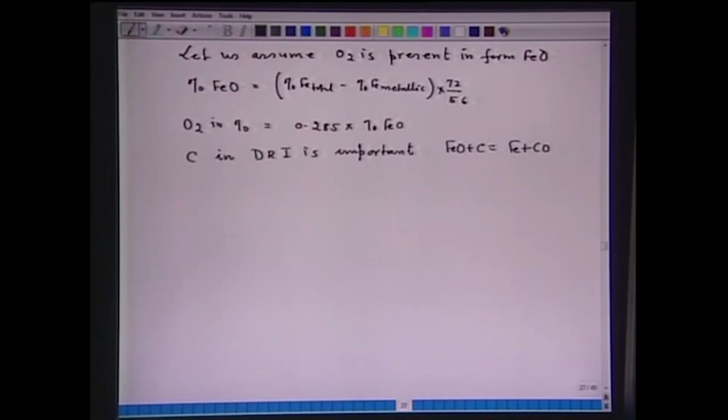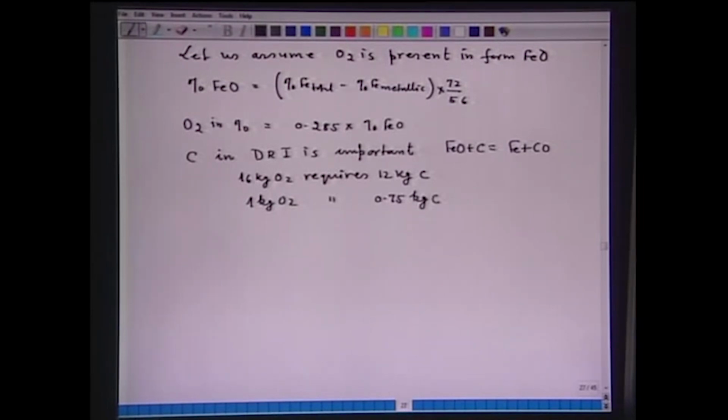So, if we look at this reaction, then what we see is that 16 kg oxygen requires 12 kg carbon. So, 1 kg oxygen requires 0.75 kg carbon.